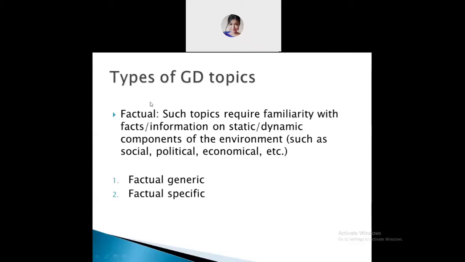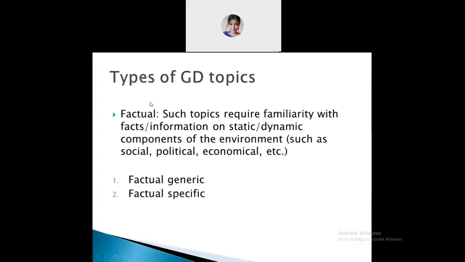So types of GD topics, okay? Now there are different types of GD topics as well. When you take part in a group discussion, you might get different types of topics.